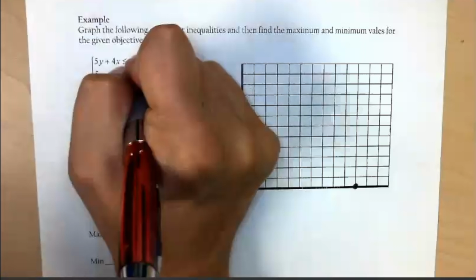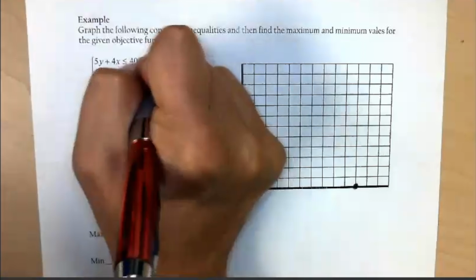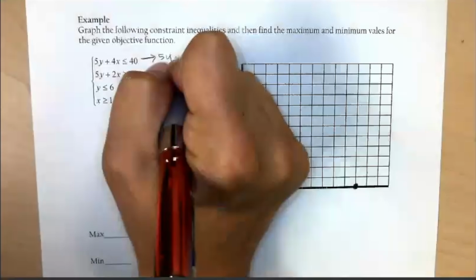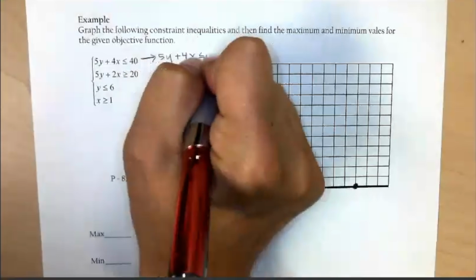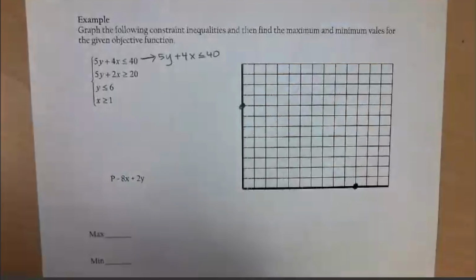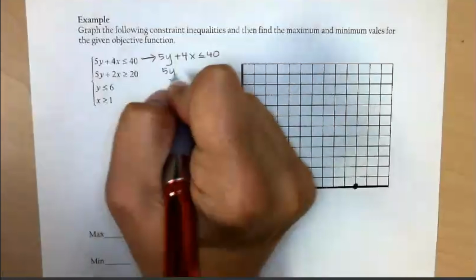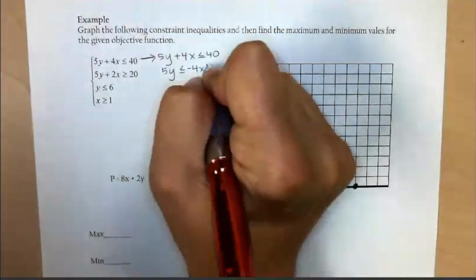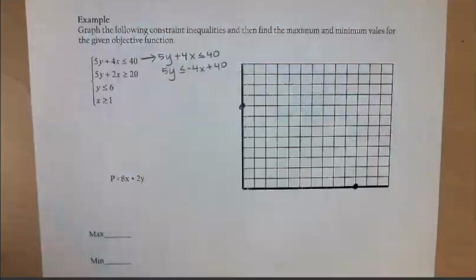We'll go ahead and solve for y just so that you can see that as well. If you are solving for y with an inequality, you do basically the same thing you would if there was an equal sign. The only difference happens if you divide by a negative, you've got to flip the sign. So I subtract the 4x to get it to the other side, and then I divide by 5.